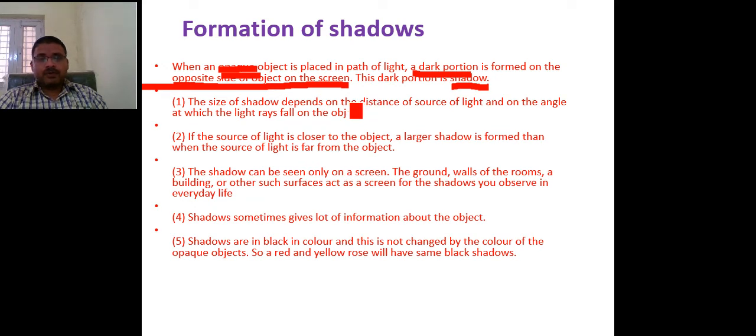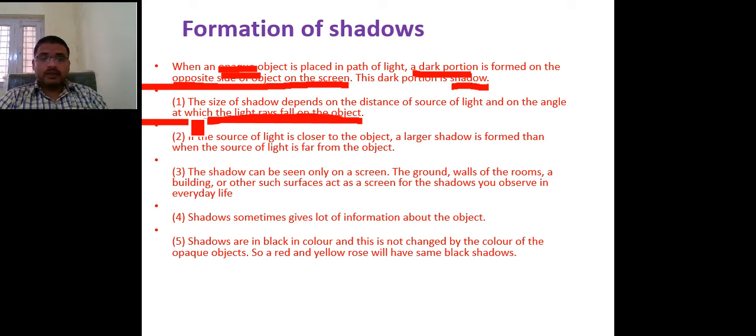So the size of the shadow depends on the distance of the source of light and the angle at which the light rays fall on the object. Two things are very important: the size of the object as well as the angle at which the light is coming.